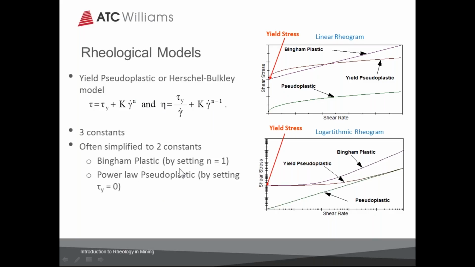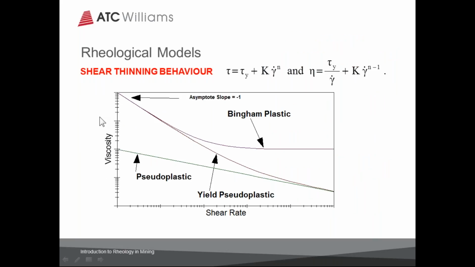Or a pseudoplastic, which does not have a yield stress, so it would pass through the origin, and which gives us a straight line relationship on the logarithmic plot here. So that's the essence of the rheological model, which is one of my favorites and which we'll be using later on.